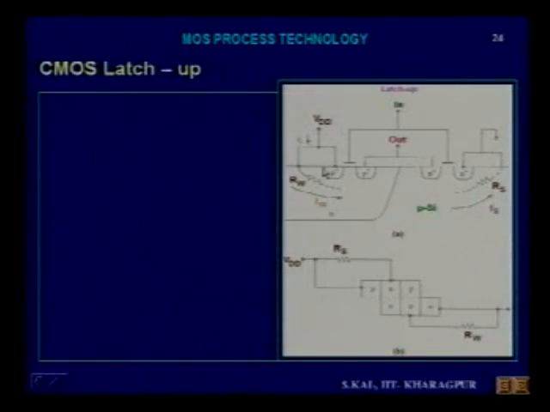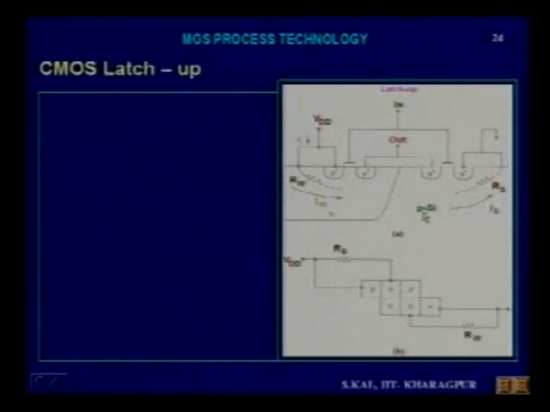Now here you see this point is VDD, and this is grounded. Then this is the P, and this is the N well, the N region. So this is the P region, this is the N, and this is the P. Sorry, this is the P, N, and another P is this one.